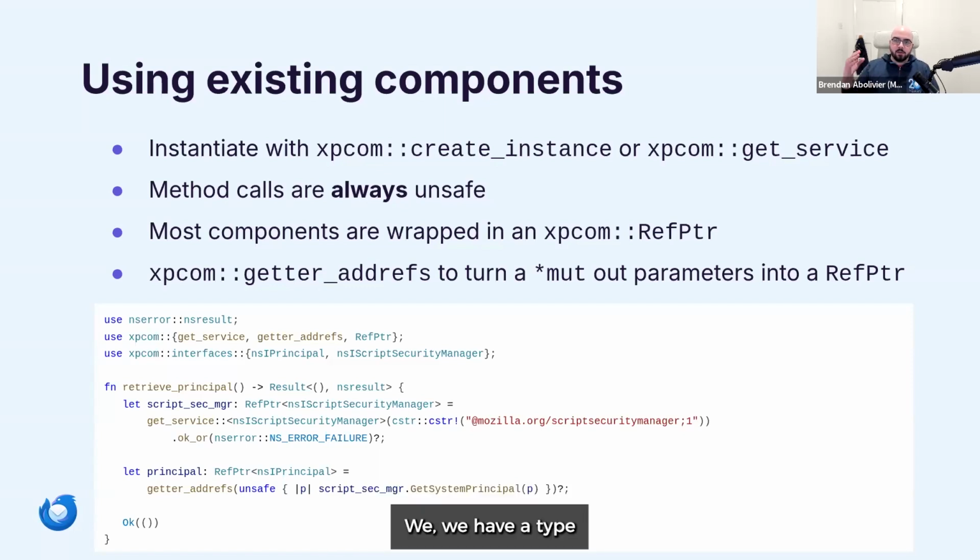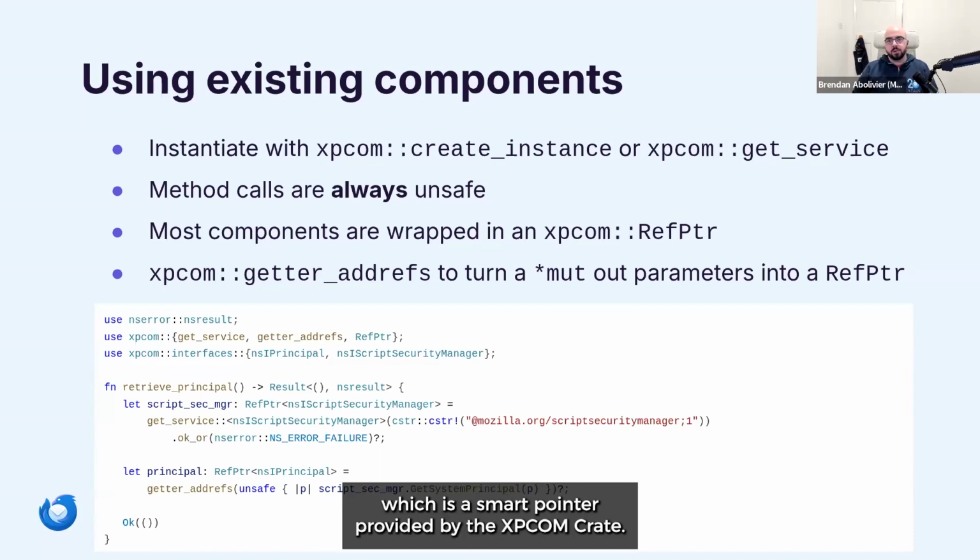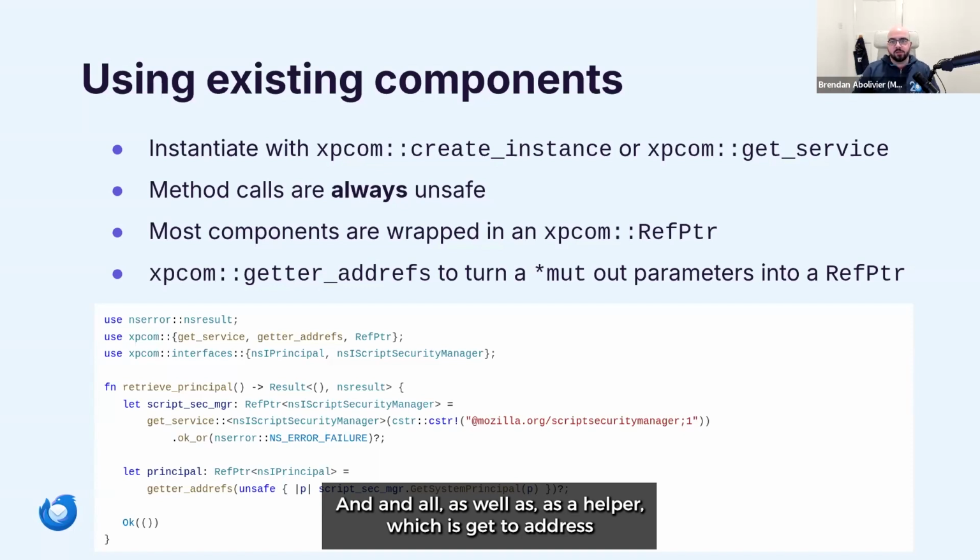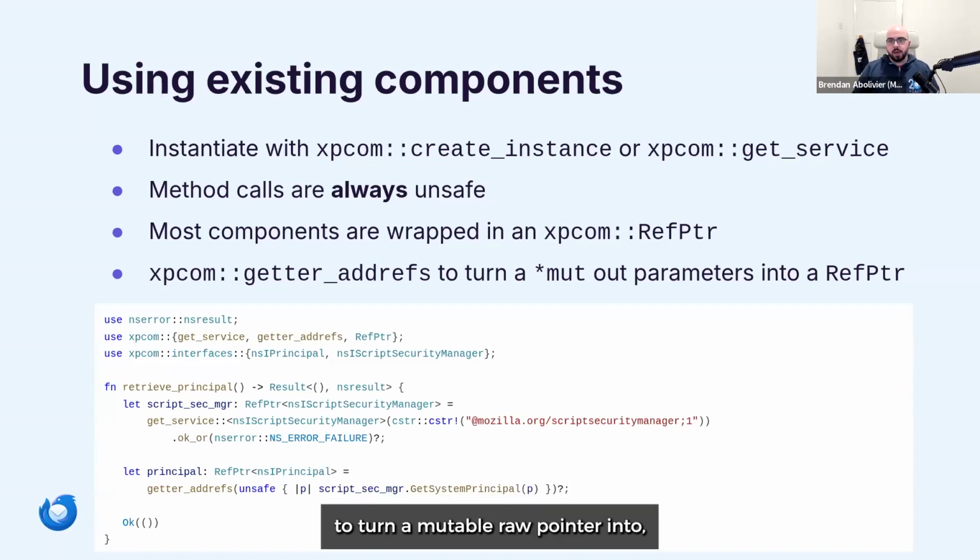We have a type called RefPtr, for ref counted pointer, which is a smart pointer provided by the XPCom crate, as well as a helper, which is getter_addrefs, to turn a mutable raw pointer into a RefPtr.